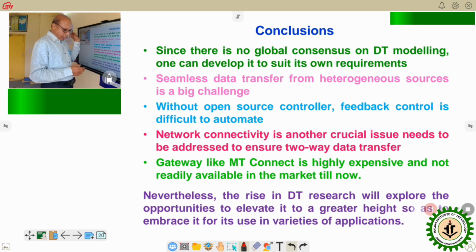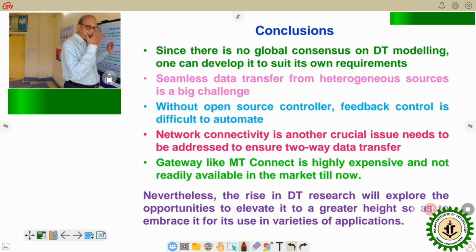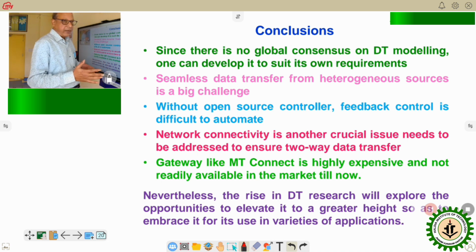That property, which allows all sorts of data to be transferred without difficulty, is called interoperability. Although in theory it looks very simple, there is a real life difficulty. So that aspect needs to be considered.